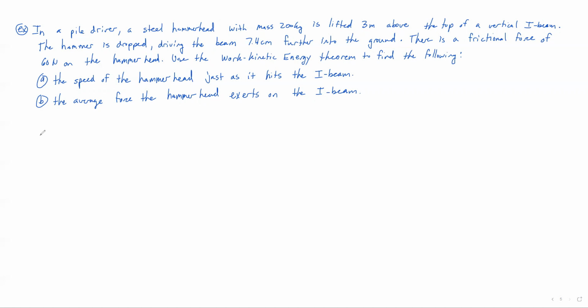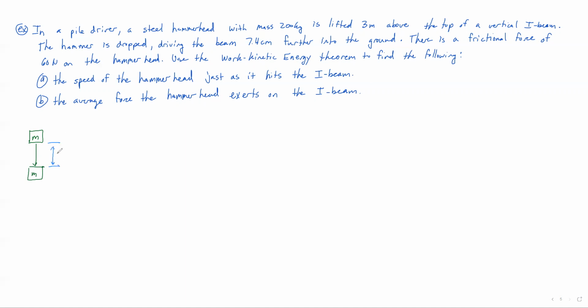In our diagram, we have a mass. That mass is the hammerhead. And that mass is going to fall and move. So it falls 3 meters. It's moving that way. We know the distance it's moving, call it delta y.